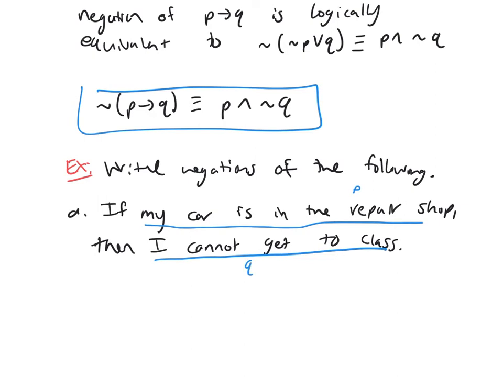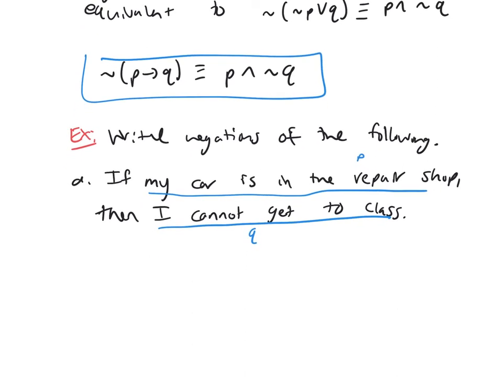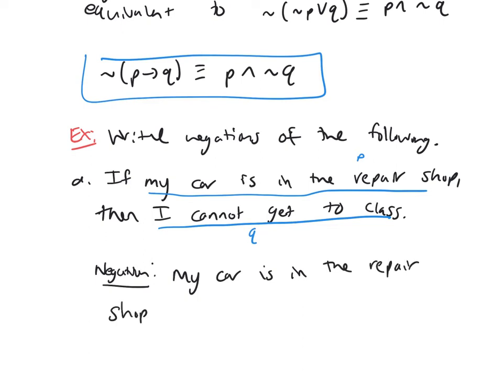That's my Q. And so if I'm trying to write the negation, it's P. My car is in the repair shop. And not Q. I can get to class. So this would be the negation.